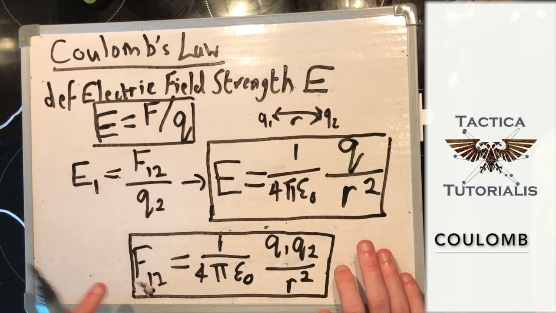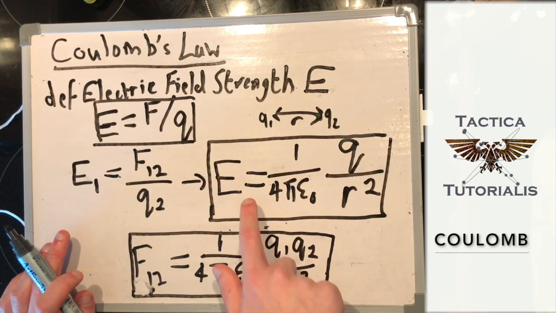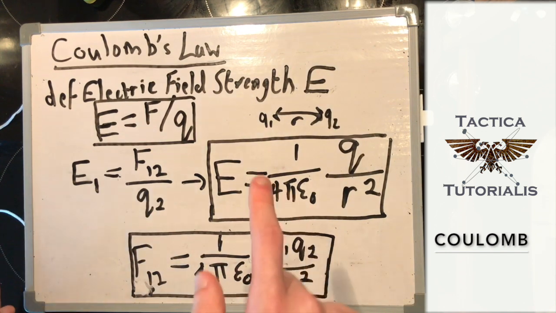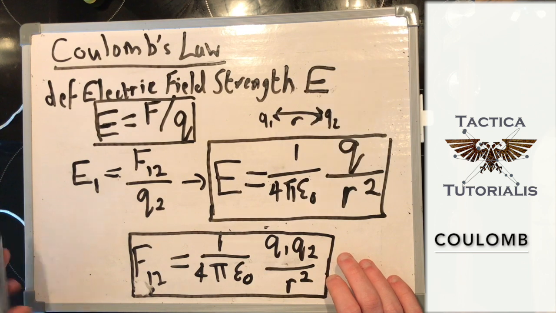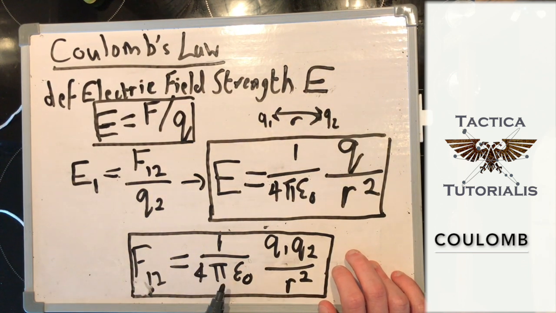So it may be that this is the electric field of Q1, so you'd have Q1 there, or the electric field strength of Q2, so you'd have Q2 there. But in general, that is the formula that you're going to need to know. So in the boxes are the three formulas. The force between two charged particles: 1 over 4 pi epsilon naught, Q1, Q2, all over r squared.